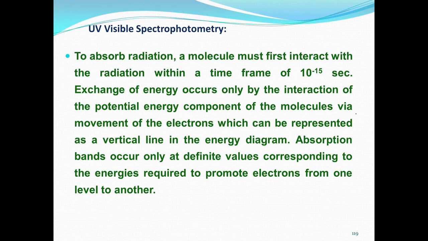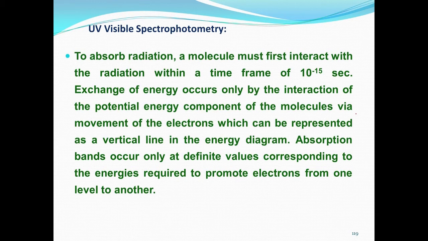Okay. So, to absorb radiation, a molecule must interact with the radiation within some time frame. This I have already explained to you, that it is of the order of about 10 raised to minus 15 seconds.